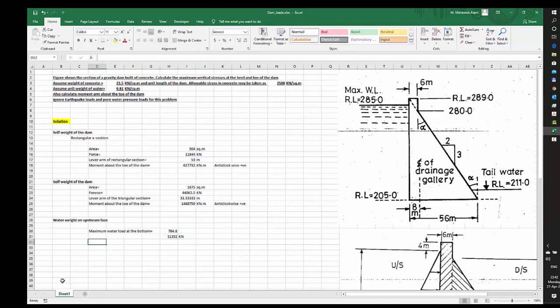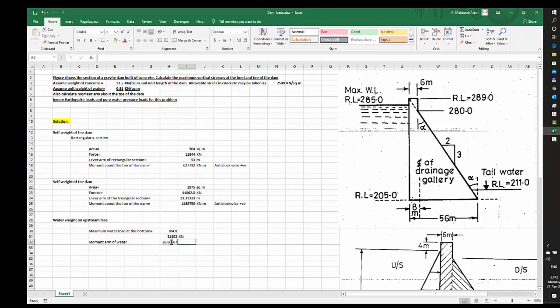Again, moment arm of water, what would this value be equal to? If this is a triangle, then the center line would be acting here, 1/3 from the base. So the total height is 80, and this would be equal to 1 divided by 3 multiplied by 80.